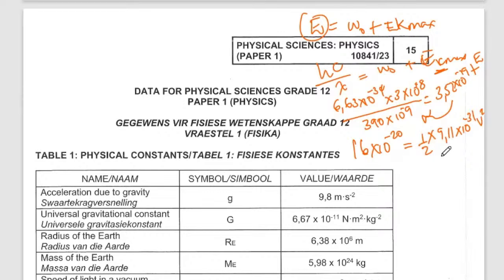Now I'm going to divide both sides by 0.5 times 9.11 times 10 to the negative 31. Well, I'm getting a big answer.